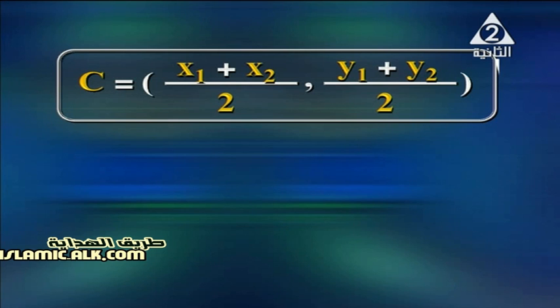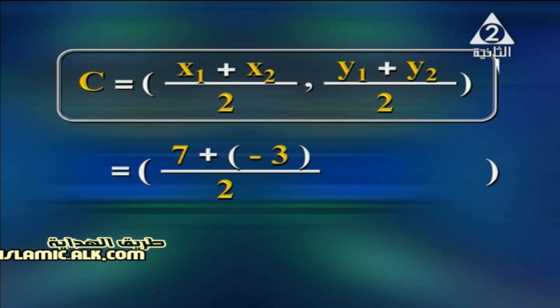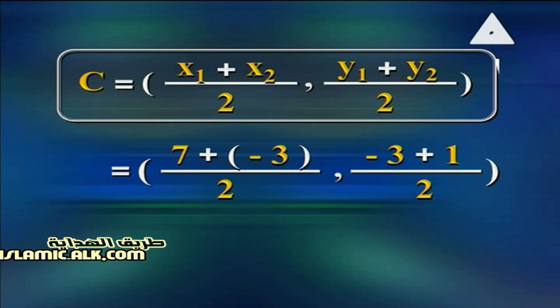By substituting, it is 7 plus negative 3 over 2 and negative 3 plus 1 over 2. This will lead us to (2, -1). Then the coordinates of the point C, which is the midpoint of AB, will be (2, -1).